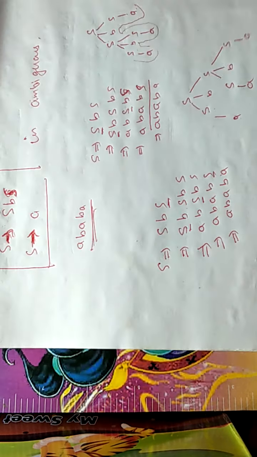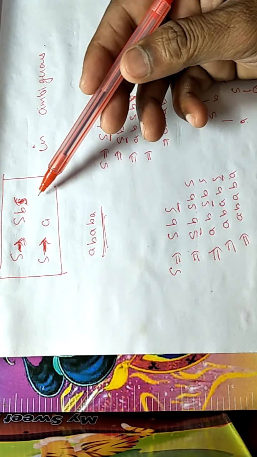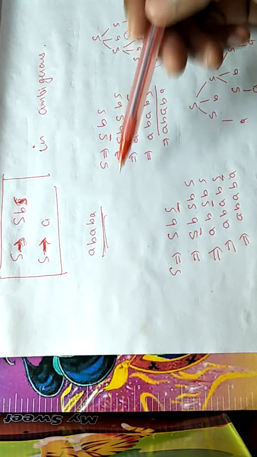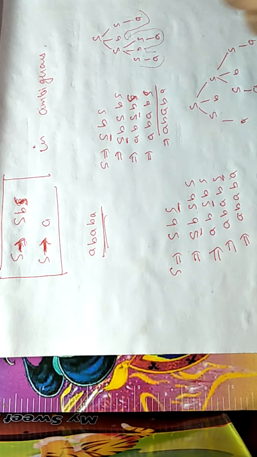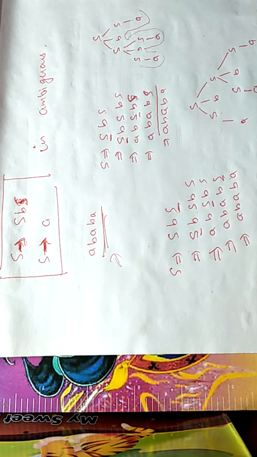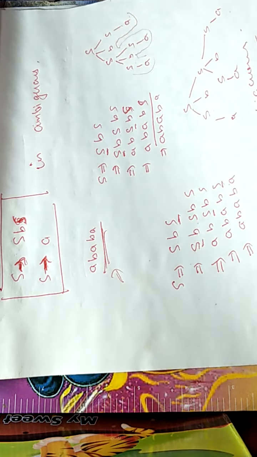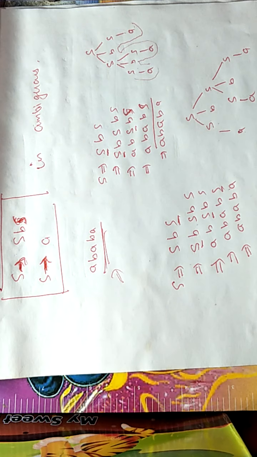There may be another string that belongs to this language that has a different parse tree. We need only one string that can be derived in two ways that has two different parse trees, and it needs a lot of practice to find that particular string.